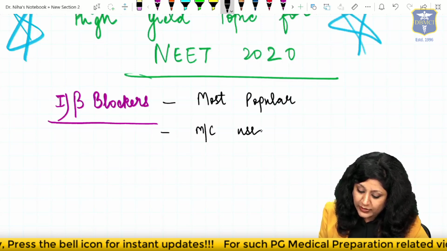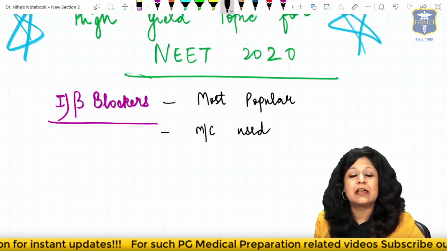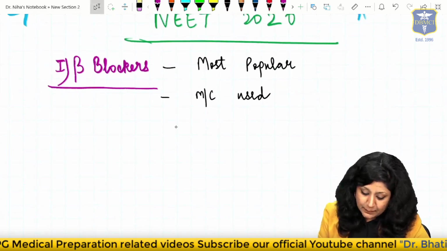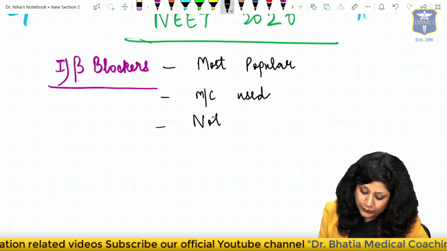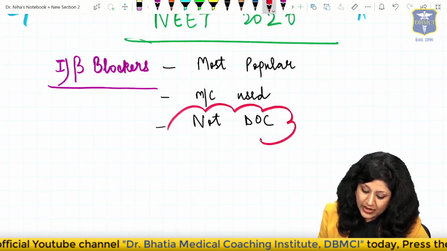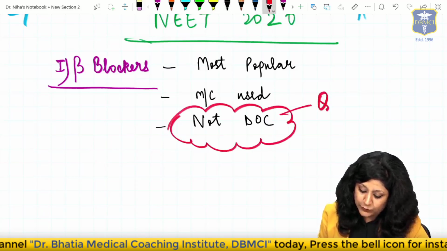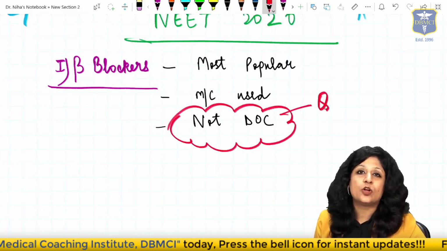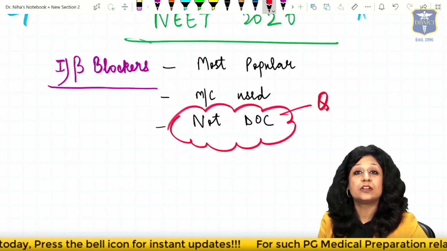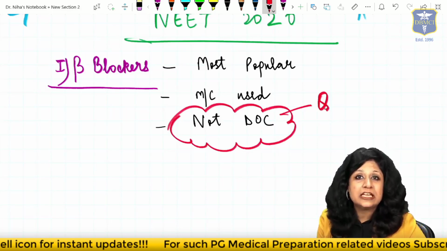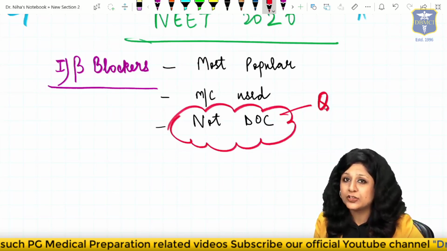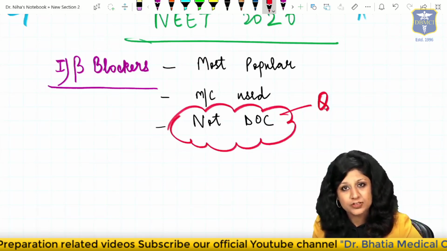But they are not the drug of choice. This is very important: these drugs are not the drug of choice now because of certain contraindications and certain problems with beta blockers, that you cannot use them in certain conditions. That is why it is not the drug of choice now. Previously it was the drug of choice.